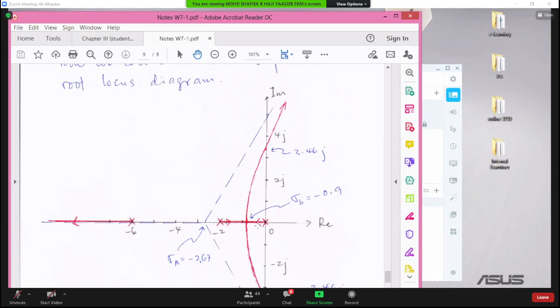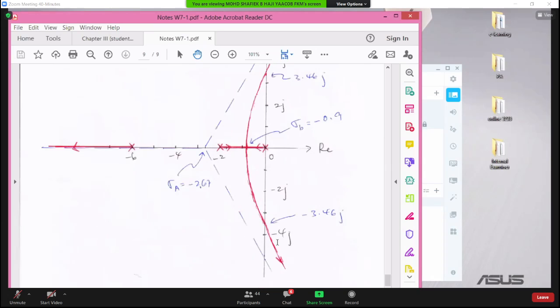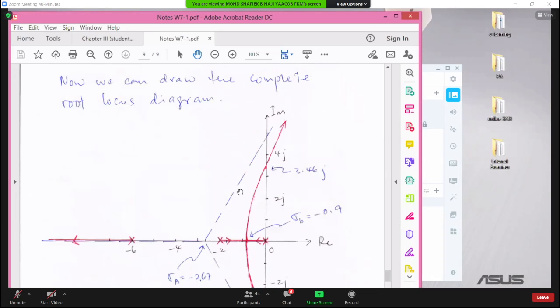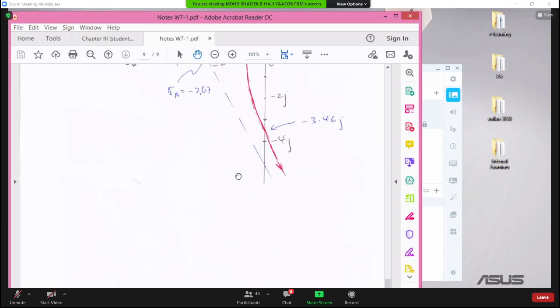One starts at the origin and goes down, and then approaches this asymptote line. The second starts at negative 2, breaks at negative 0.9, and goes all the way to infinity along this asymptote line. All right, so now do you have any question?